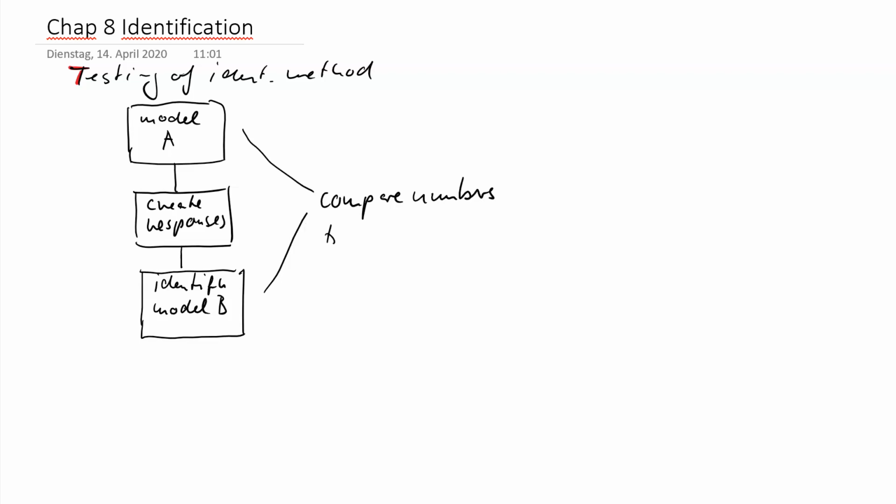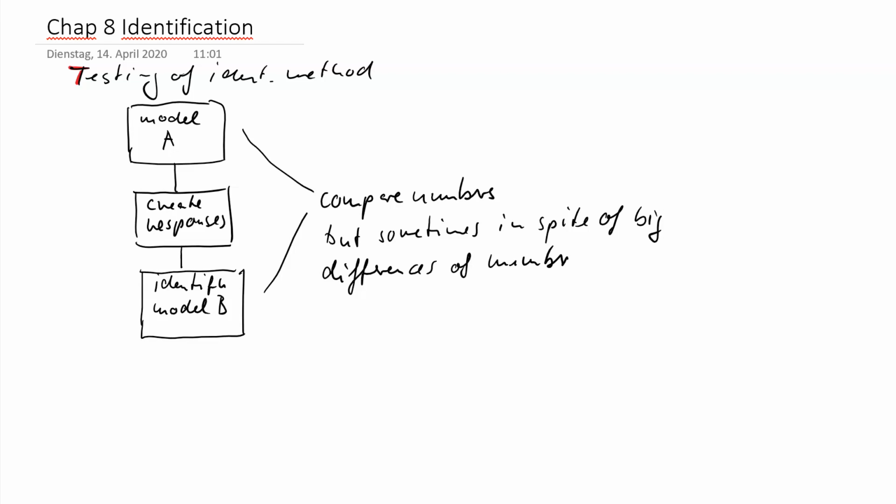Compare numbers. But sometimes, in spite of big differences in numbers, model B could be good, acceptable.